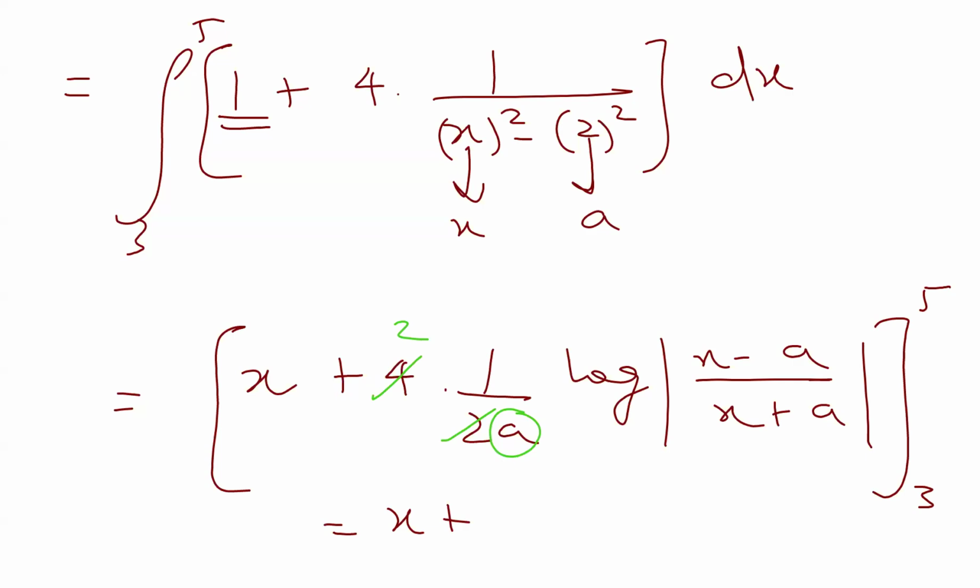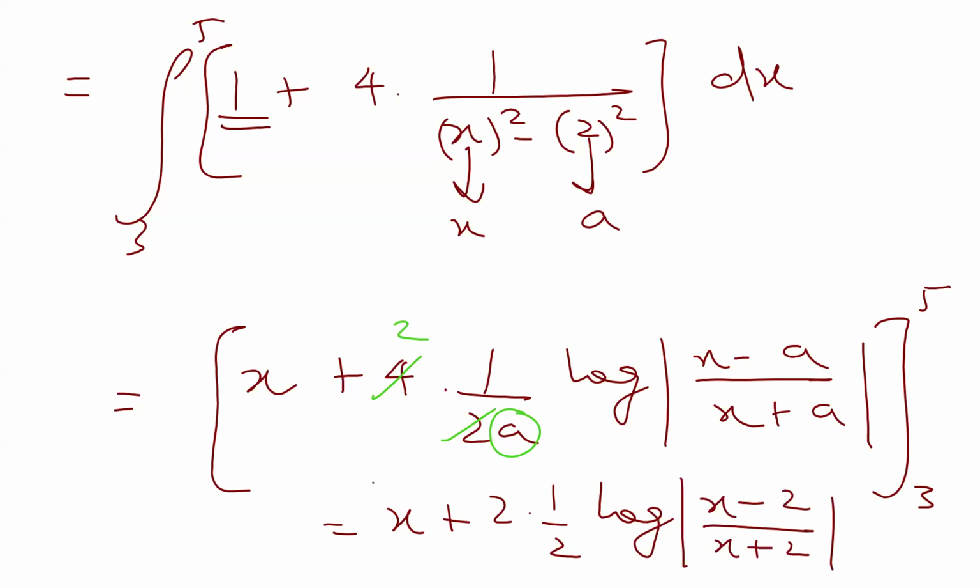Okay. So 2 into 1 upon 2 log mod x minus 2 upon x plus 2. Upper limit and lower limit. Again, this 2 and 2 will get cancelled. After this, I'm going to do box minus box.